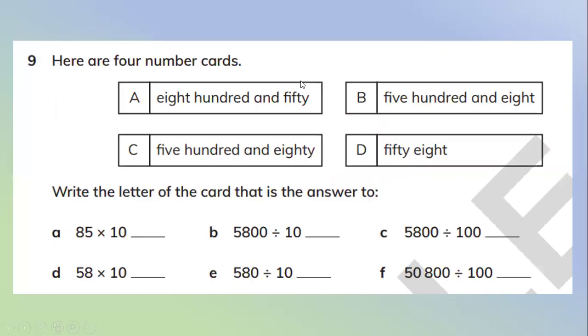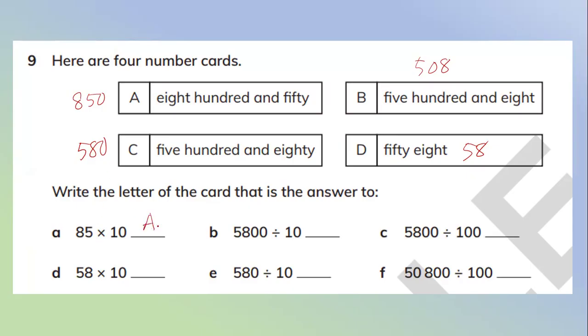Here are 4 number cards. A, 850. Let's write down in digits. A, 850. B, 508. C, 580. D, 58. Okay, write the letter of the card that is the answer to each calculation. 85 times 10 is 850.